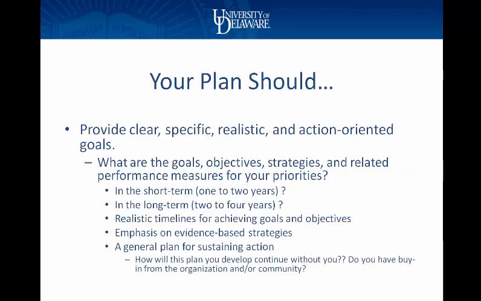Based on the social determinants that you've developed, which you have a pretty good understanding of at this point, your plan should provide clear, specific, realistic, and action-oriented goals. So they should be clear in the sense that any provider or any community stakeholder that you hand them to should be able to read and understand them at a glance. They should be specific enough that you can develop action-oriented goals.